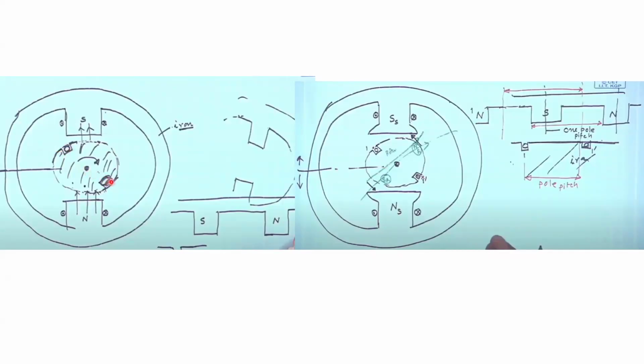So here also there will be one end and here also there will be one end. Let us say I cut this piece here, near the north pole.